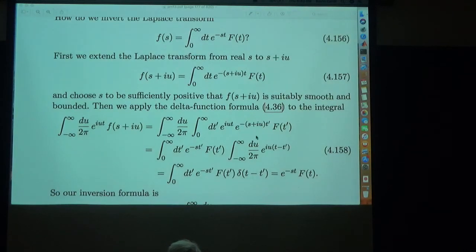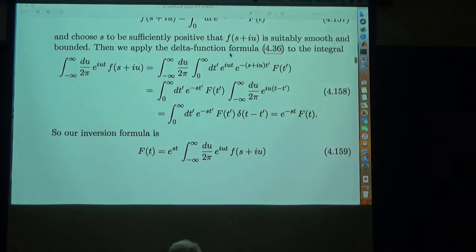And then we just do this. We now have this integral over u, and I've written this thing in terms of a Laplace transform. I've used t prime as the Laplace transform variable, and so I have e to the iut, and then e to the minus (s plus iu) t prime. Anyway, this is just straightforward, combining these things. And then you combine the two exponentials, and you just get this. And now you see Dirac's delta function comes to our rescue.